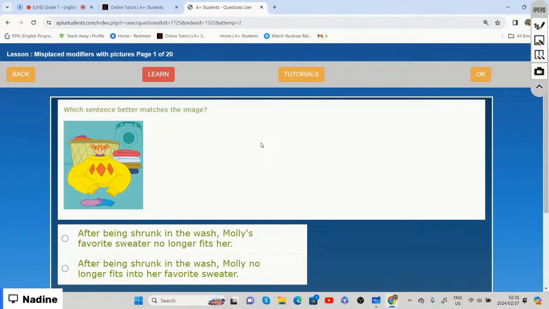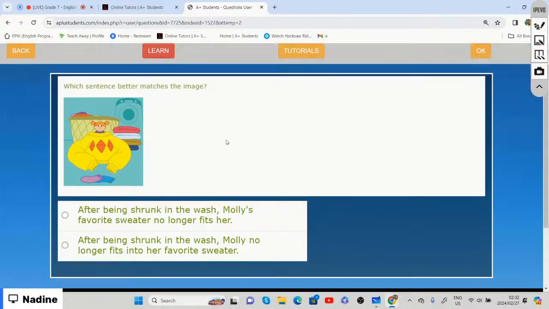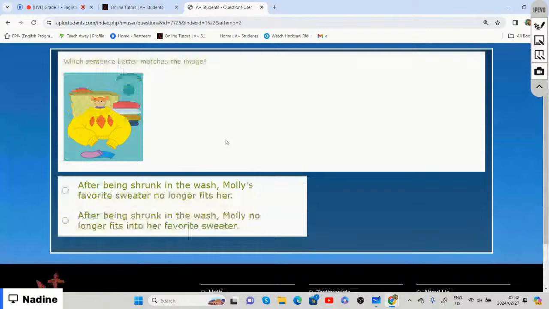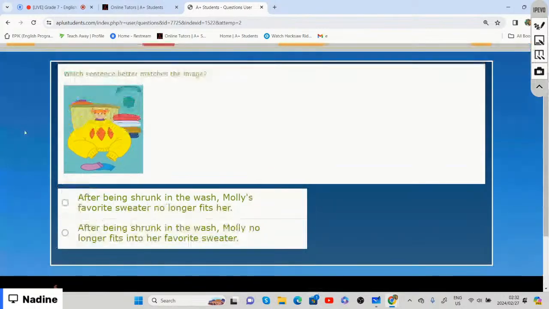If we look at the picture, we need to say which sentence better matches the image. We have a girl with an oversized big t-shirt, and it looks like she's in the laundry room. So we need to choose the correct answer or sentence. Which sentence better matches the image?